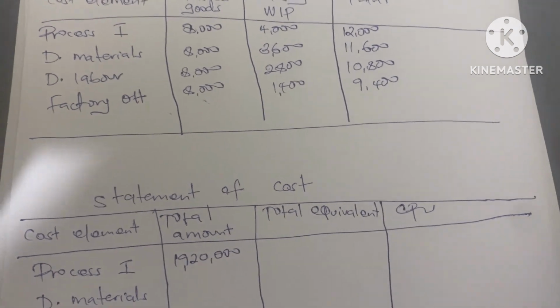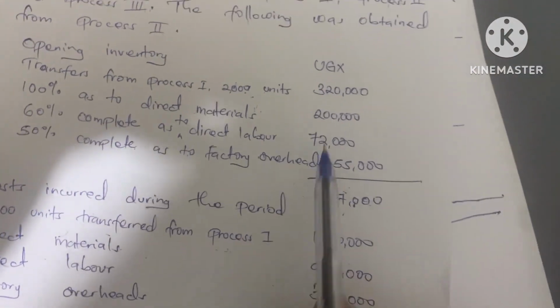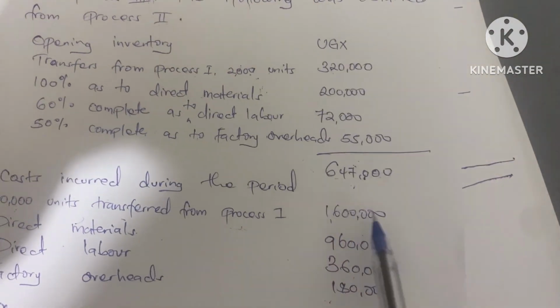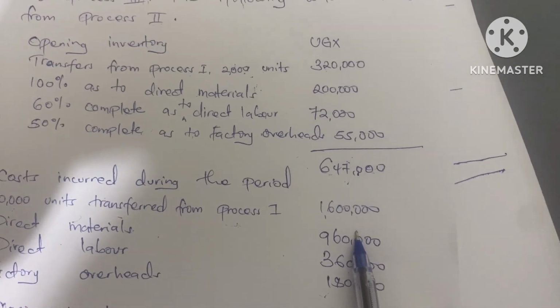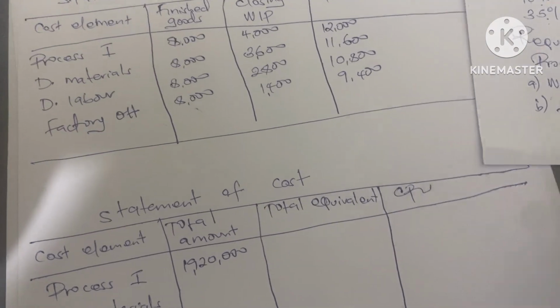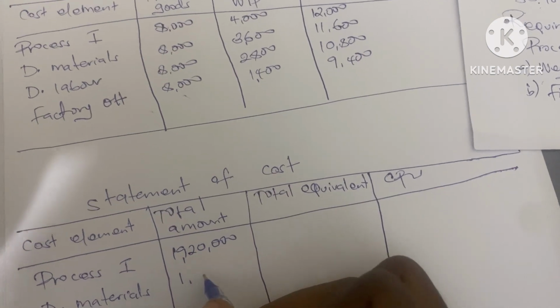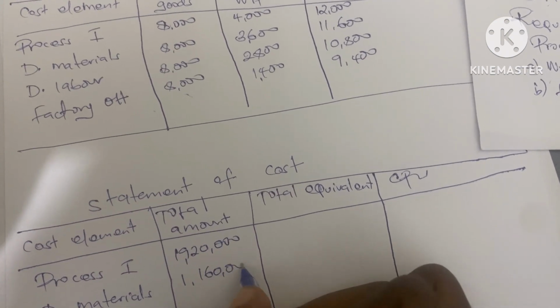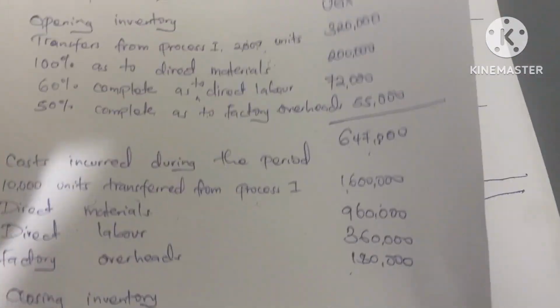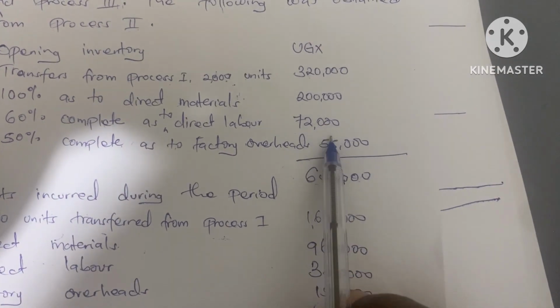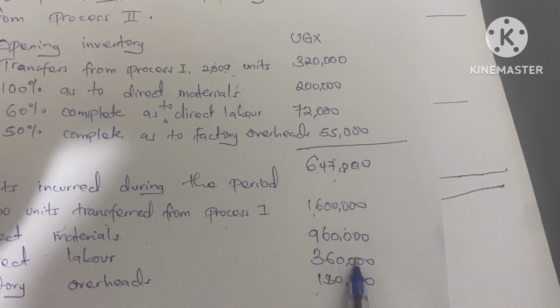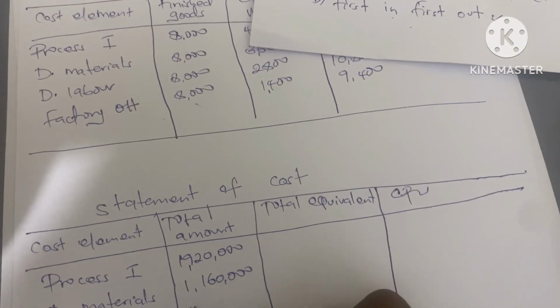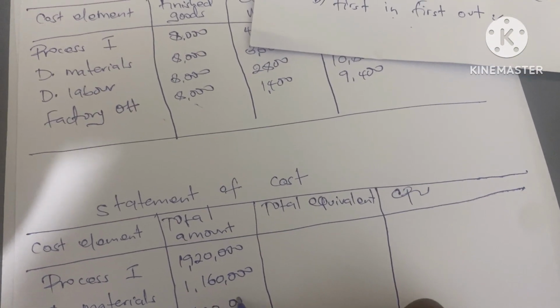So even for direct materials, we are going to add the opening plus what was incurred during the period, like that. So it will be 160. Direct labor will be this plus this, so it will be 432.